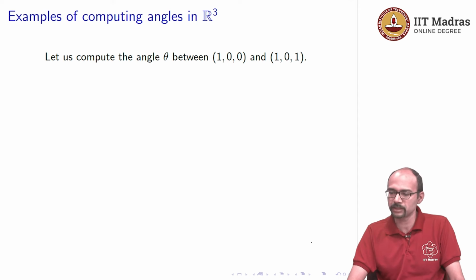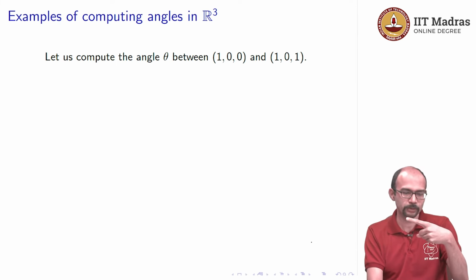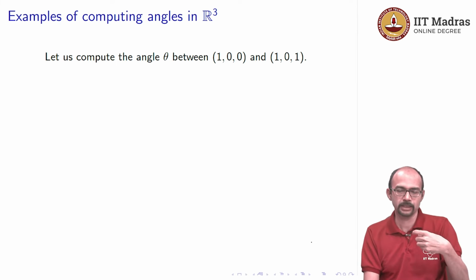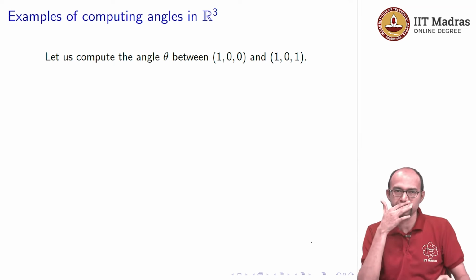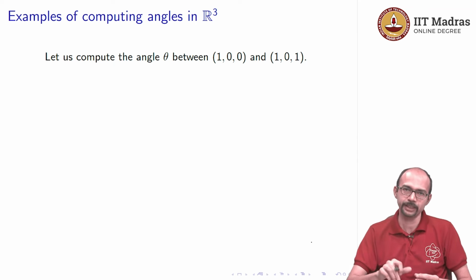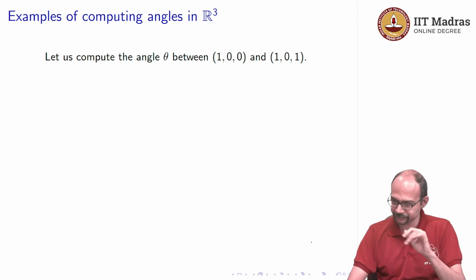On the xz plane, this is like 1 0 and 1 1. If you think of the xz plane now as the xy plane, this is 1 0 and 1 1, and we know how much the angle is, right. This angle is exactly 45 degrees or pi by 4 radians, whichever you prefer.